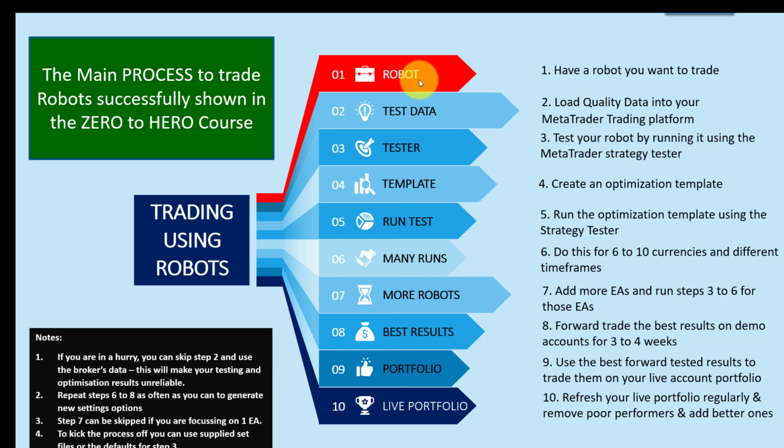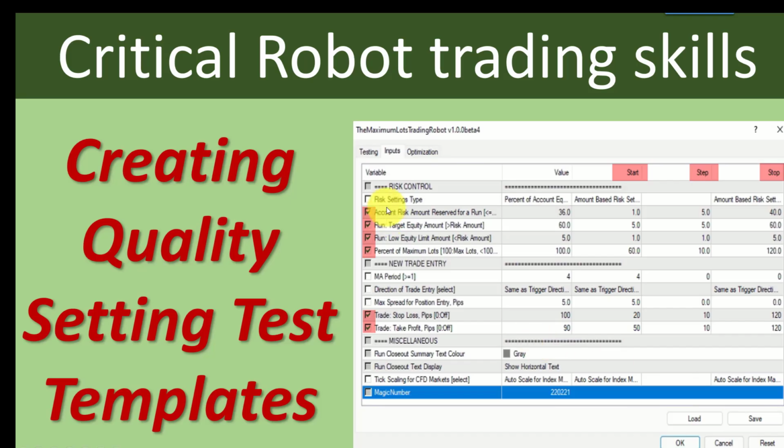You'd also run a test run on the tester to make sure that the robot is running nicely. By knowing each setting, how it works, and how it impacts the whole process, you can then decide whether you want to test it any further.